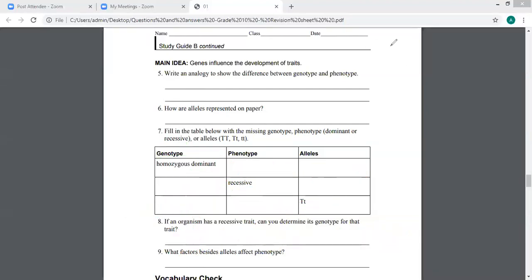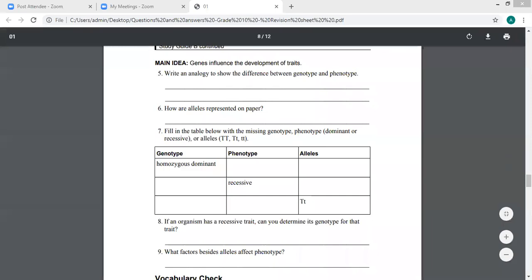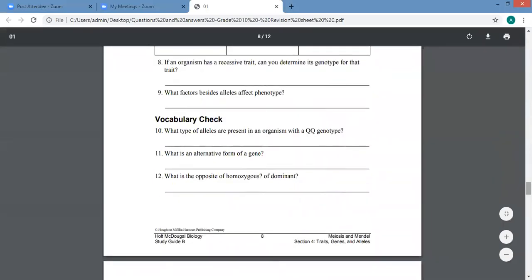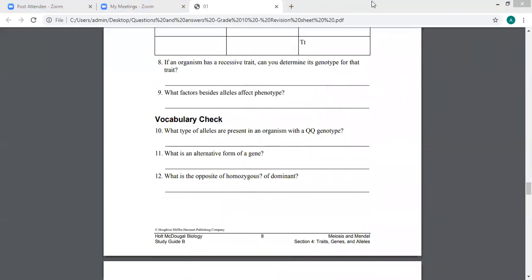Number 9. What factors besides alleles affect phenotype? Factors that affect the phenotype include the external environment, like what? Like sunshine, like nutrients, like electromagnetic pollution.